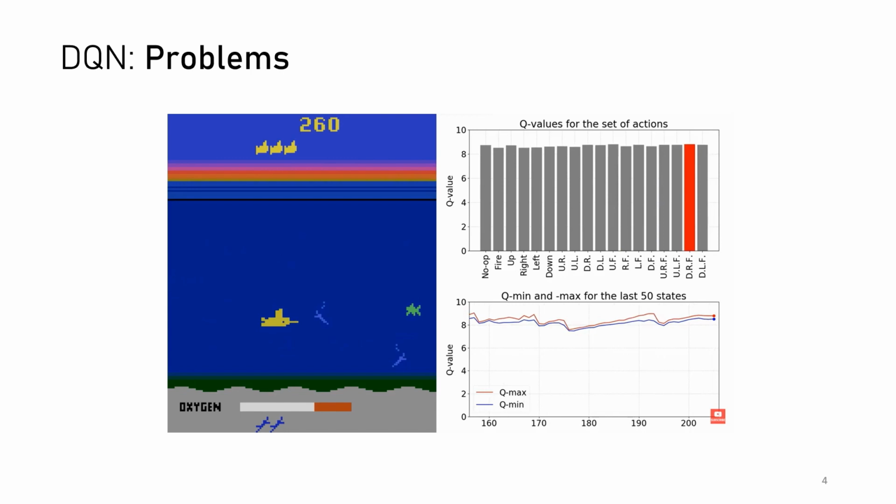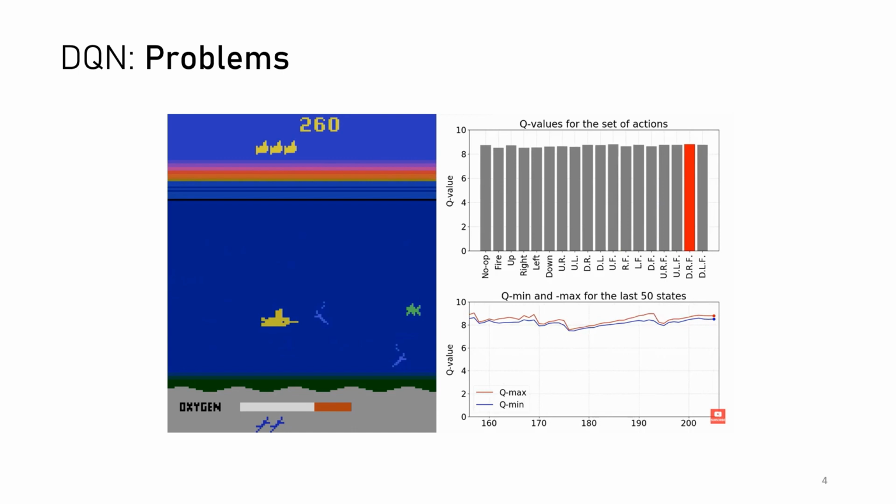Points will be awarded accordingly. Moreover, the oxygen tank needs to be replenished at a certain interval. The upper right bar chart shows Q values for 18 actions and marks the best action in red. For this instance, the agent will choose the compound action down-right-fire.